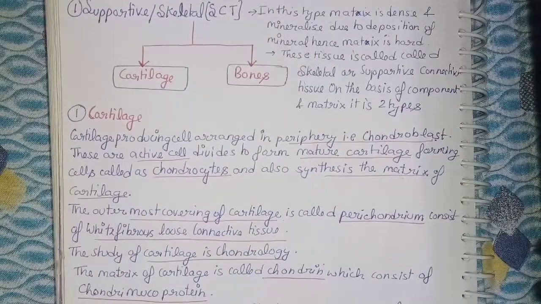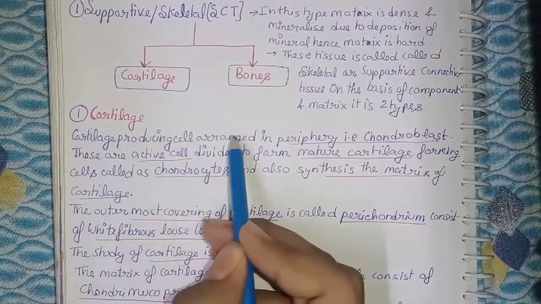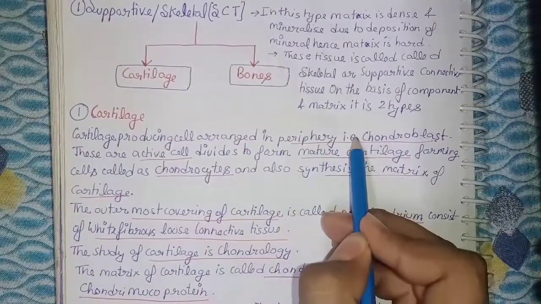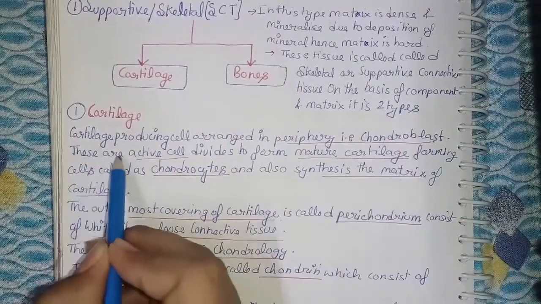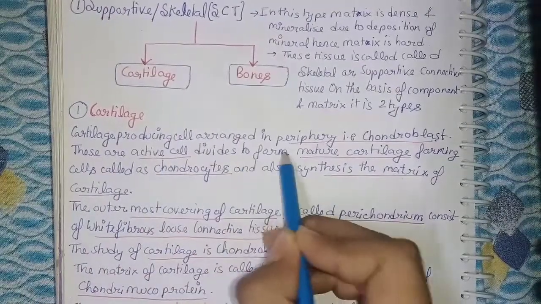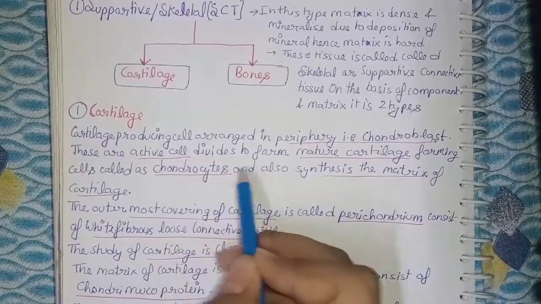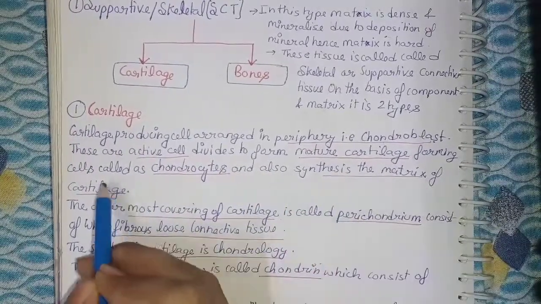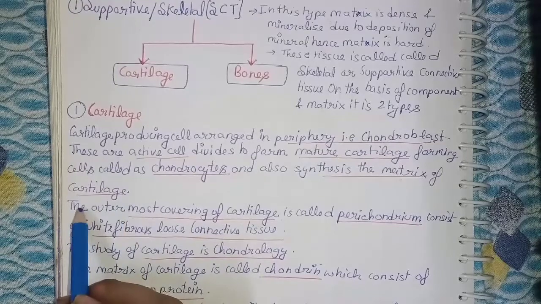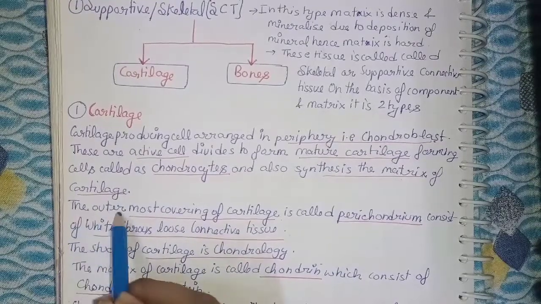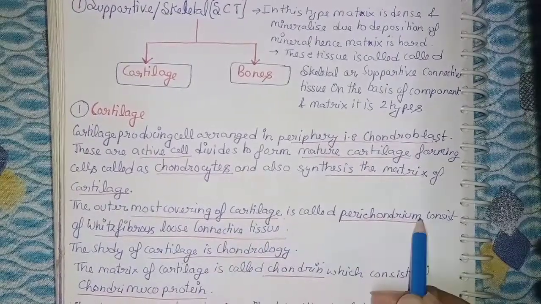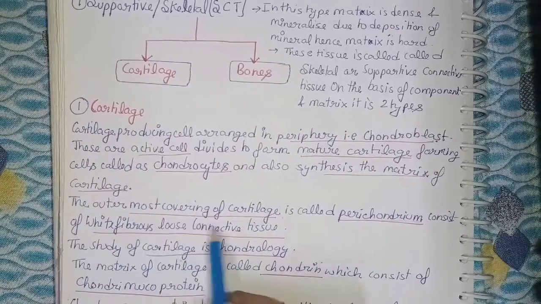Coming to cartilage, the producing cell arranged in the periphery is the chondroblast. These are active cells that divide to form mature cartilage-forming cells called chondrocytes, and also synthesize the matrix of cartilage. The outermost covering of the cartilage is called perichondrium, which consists of white fibrous loose connective tissue.